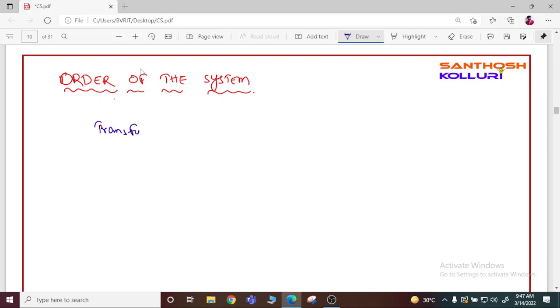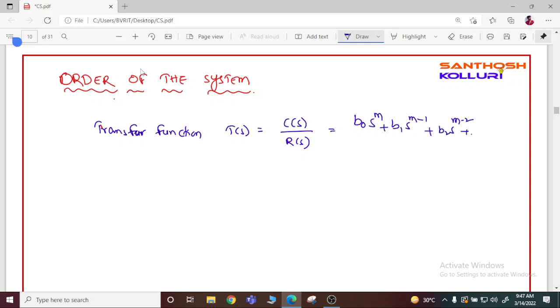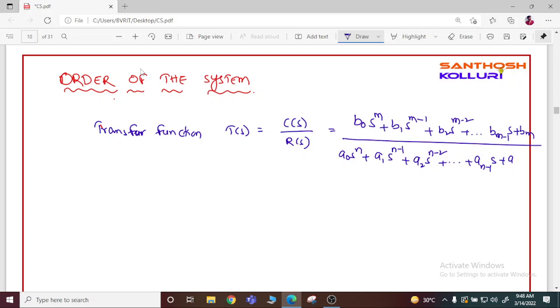The transfer function can be represented with Laplace transform of output by Laplace transform of input, C of s by R of s, or I can represent it with b naught s power of m plus b1 s power of m minus 1 plus b2 s power of m minus 2, and so on, b m minus 1 s plus bm, divided by a naught into s power of n plus a1 into s power of n minus 1 plus a2 into s power of n minus 2, and so on, a n minus 1 into s plus a n.